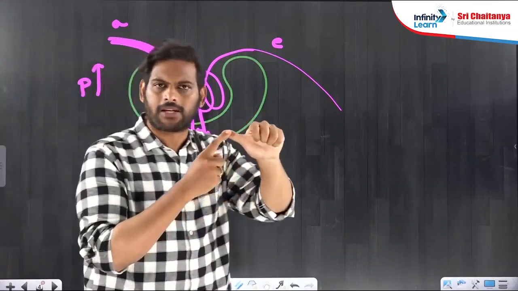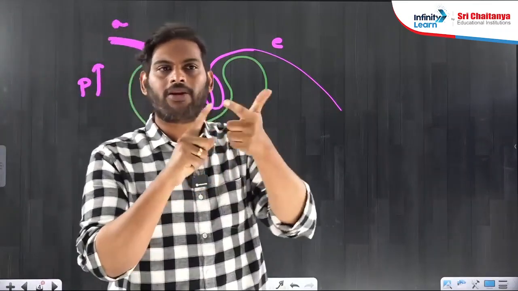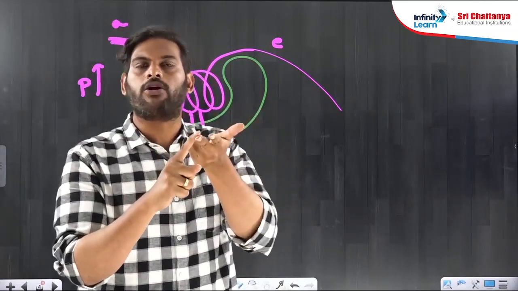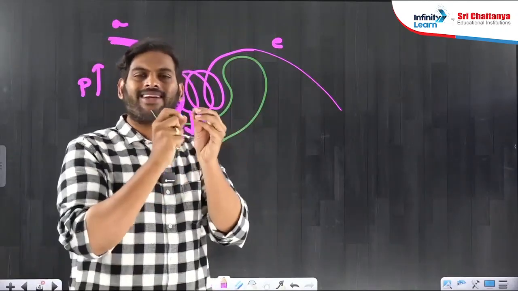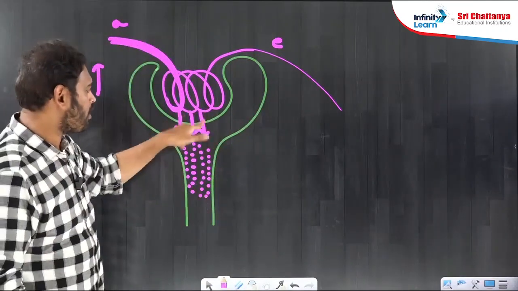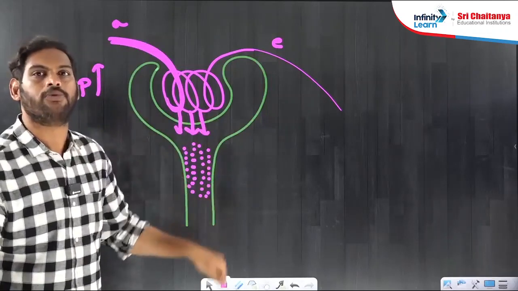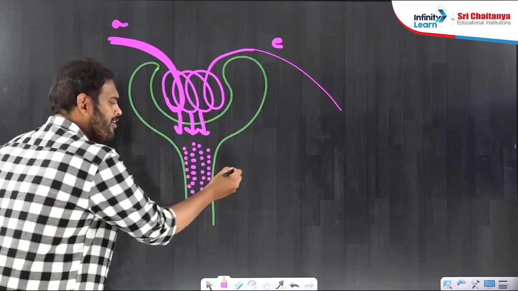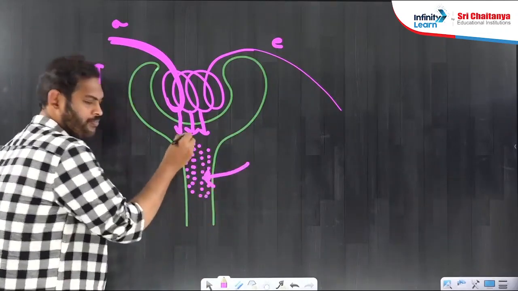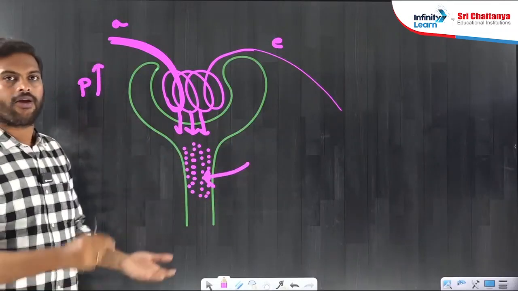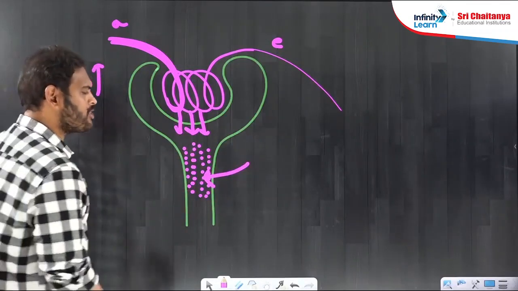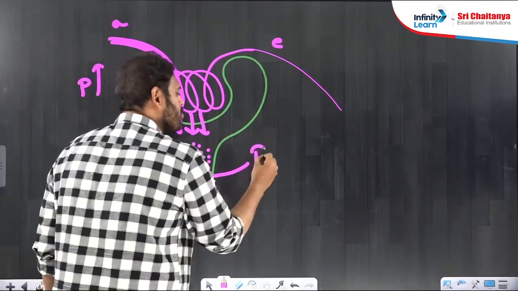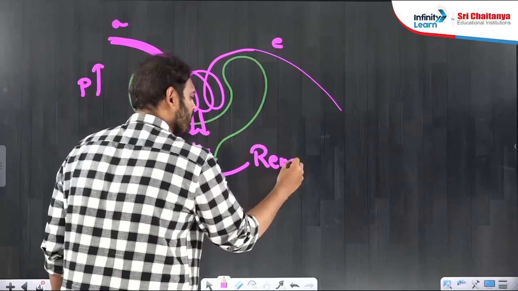Water, plasma, minerals, ions, soluble hormones and molecules can easily cross Bowman's capsule and come into renal tubules. The liquid which got filtered from blood, you have filtered blood. This filtered blood is called renal fluid.